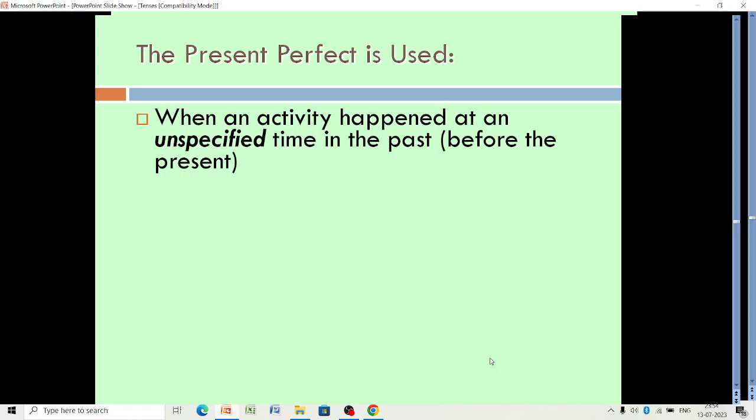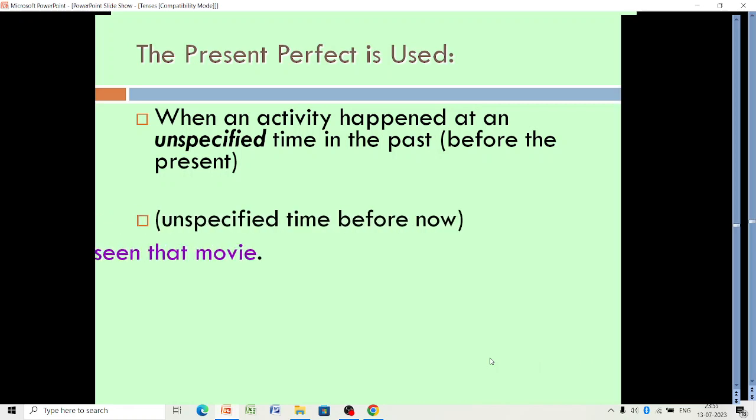The time is not mentioned while the sentence is expressed in present perfect. Happened at an unspecified time. If it is a specified time, we use simple past. If it's unspecified, that has to be expressed in present perfect.